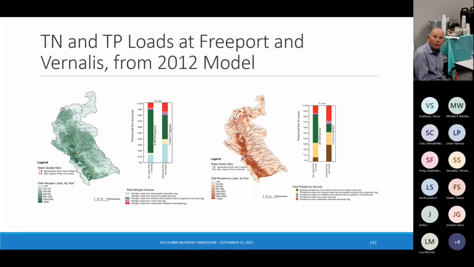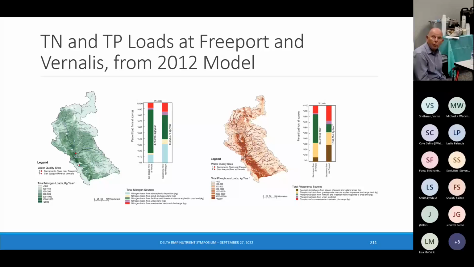All right, so in the San Joaquin Valley, the green bar, not surprisingly, is the biggest. And then in the Sacramento, wastewater is a bit more important than what we see coming out of the San Joaquin side of things.